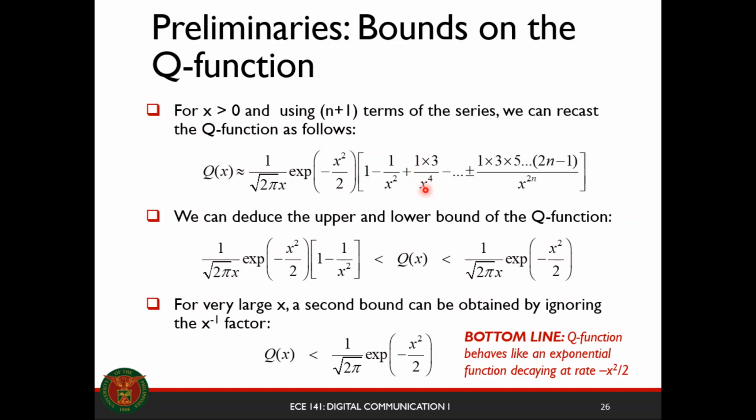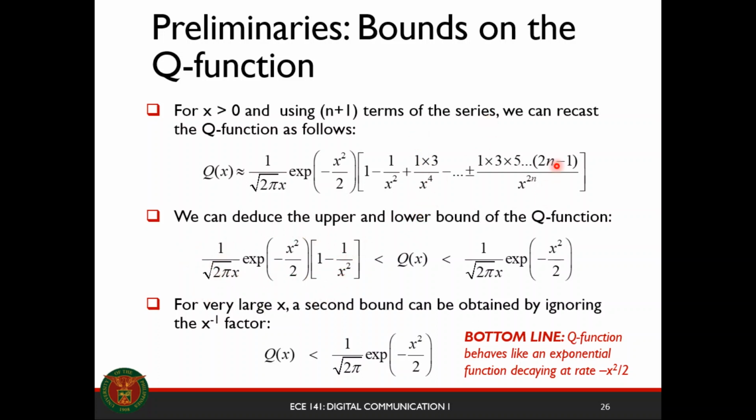And all of these, for x greater than 0, much greater than 0, I might add, this term right here becomes very small. So with this term, and so on and so forth, you'll be left with this value for your lower bound.